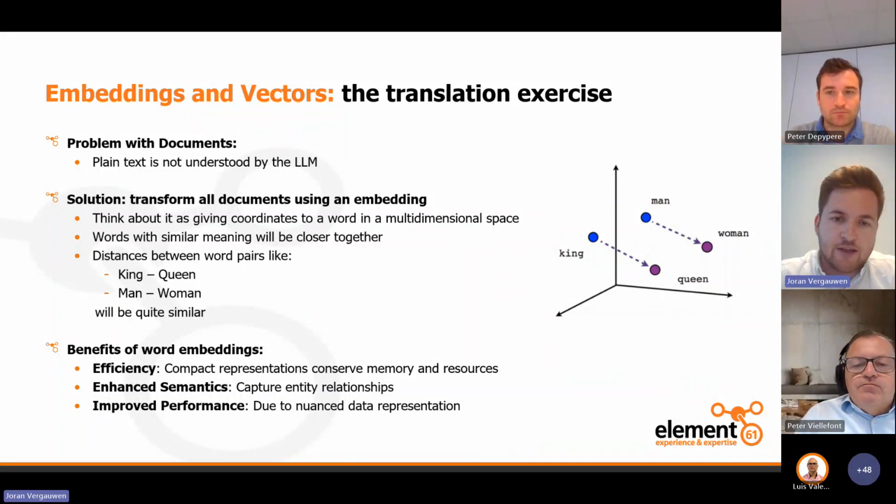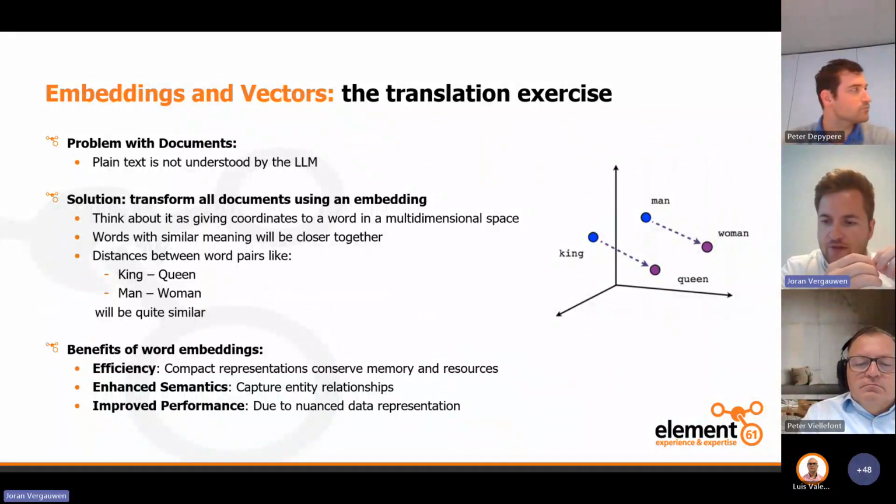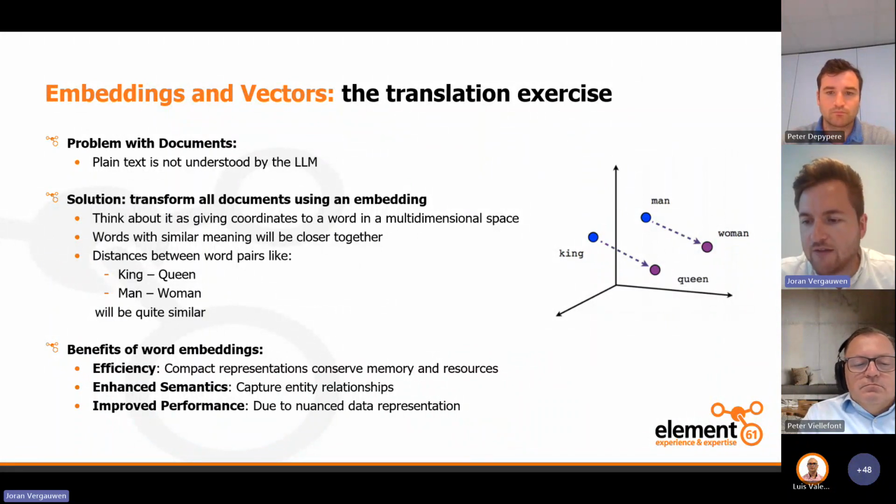So we create a coordinate for king and a coordinate for queen, in such a way that words that have a similar meaning will be very close to each other, while words with a completely different meaning might be further away from each other. And also the relationships between those words can be captured by our embedding.